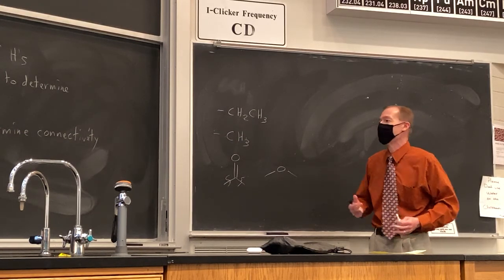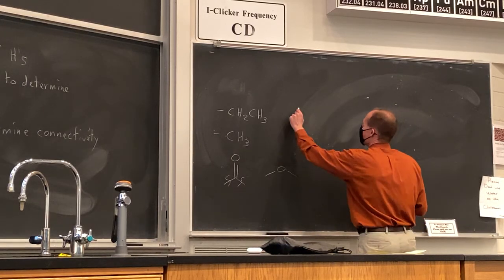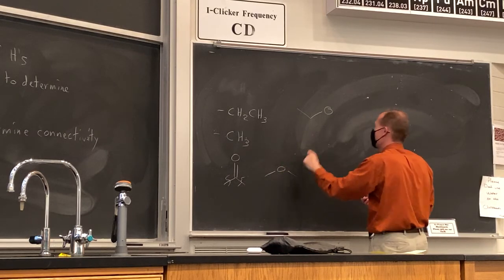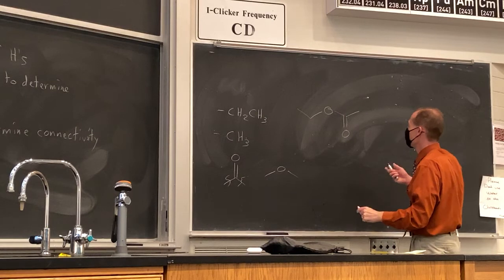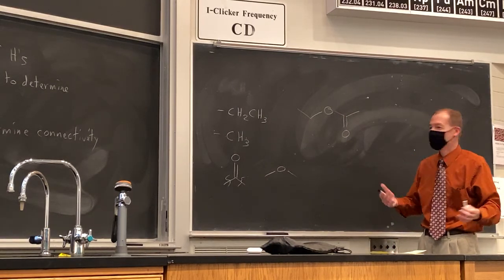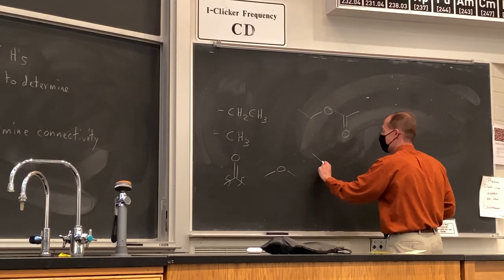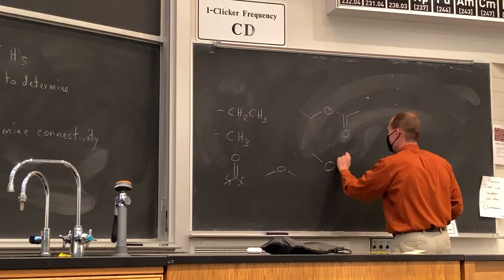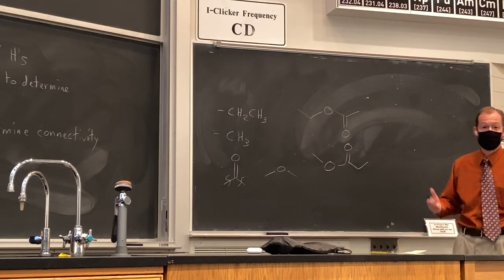So how could they do that? There's two ways that could be possible. We could have our ethyl group, our sp3 oxygen bonded to our carbonyl, which could then be bonded to our methyl group. Okay, that's one possibility. The other possibility is we have the methyl group bonded to the sp3 oxygen, connected to the carbonyl, and have that then connected to the ethyl group.